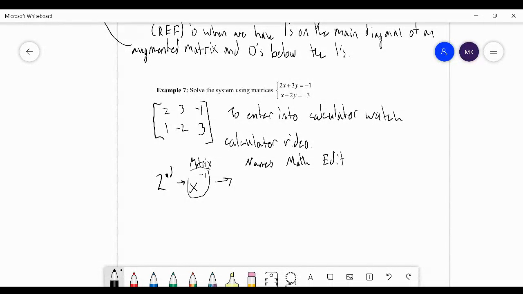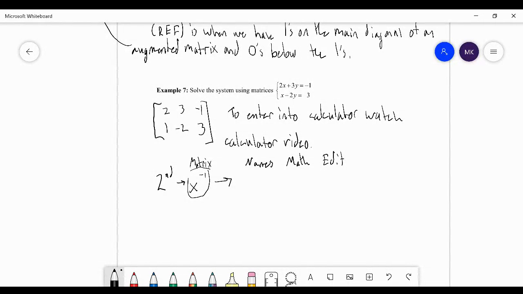If you have already created matrices at some point in time, or someone else did it on your calculator, you're going to have some things listed under names. You should always have A, B, C, D, E, F, G, and so forth. But next to that, you should see some numbers if you have some created. If you don't have numbers there, that just means no one's created a matrix. Unfortunately, to delete matrices out of your calculator is a bit more complicated than just highlighting and hitting delete or clear.